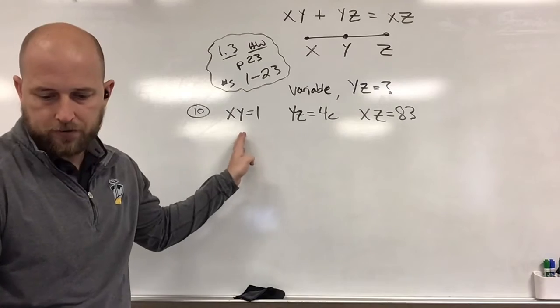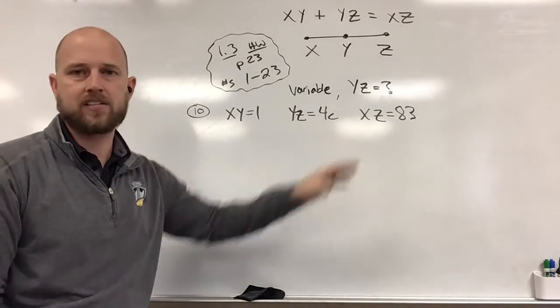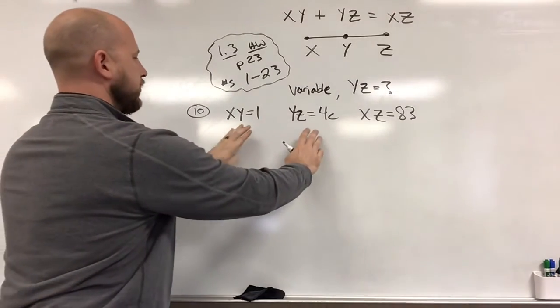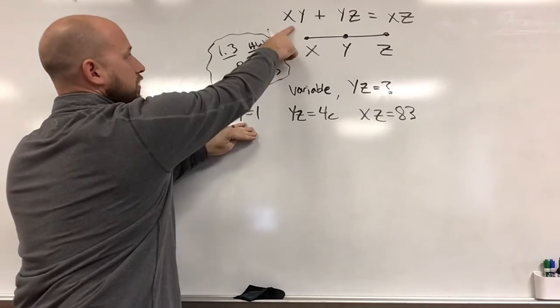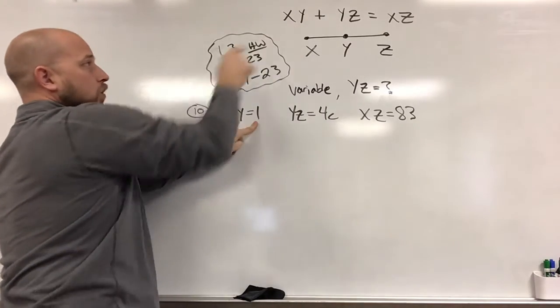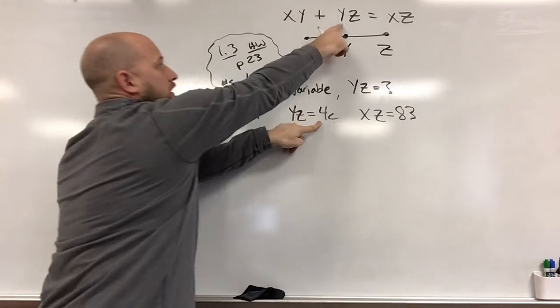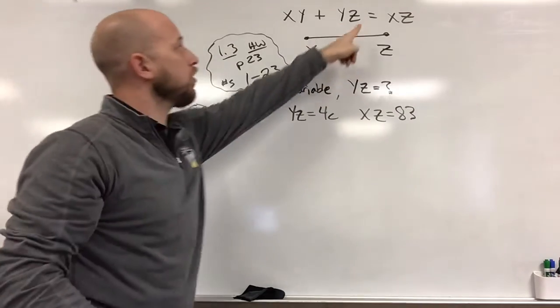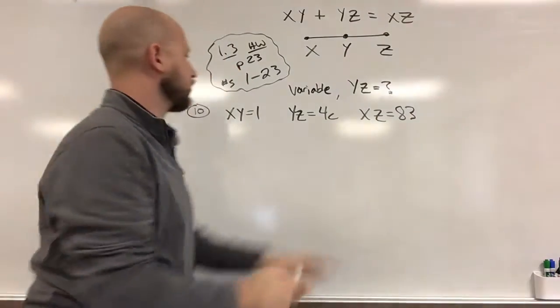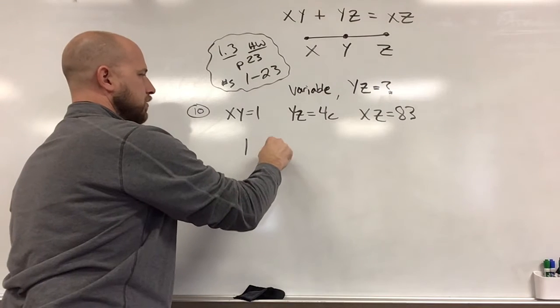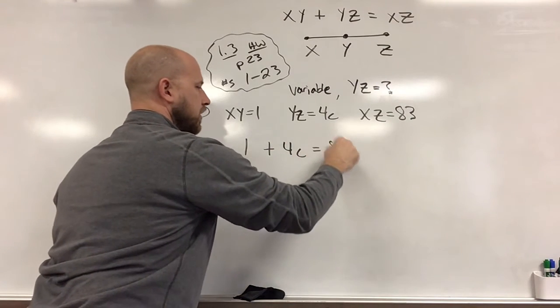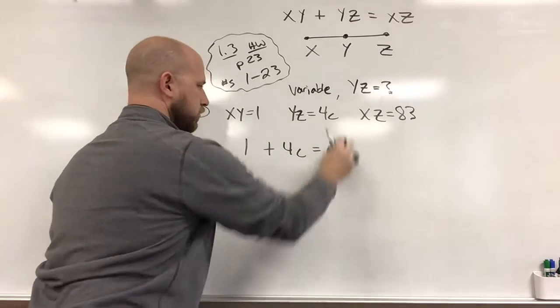They give you the XY first, then the YZ, and then the XZ. So what we're actually doing is adding 11 plus your YZ, which is 4c, equals 83. All of these are going to set up that way. So just set them up this way: 11 plus 4c equals 83.